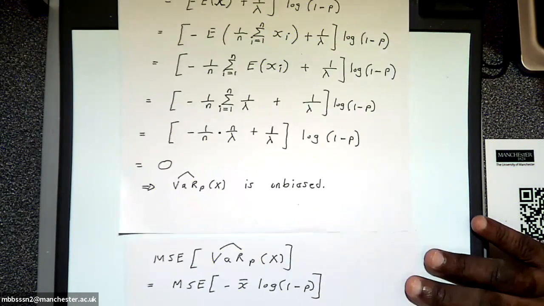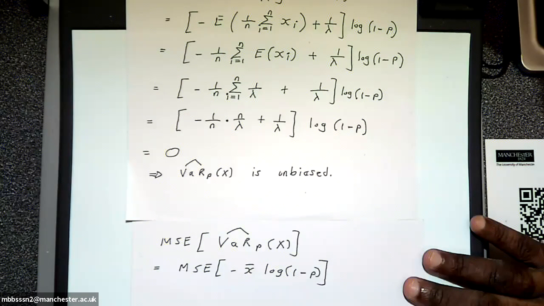You may remember from your last two years that if an estimator is unbiased, then the MSE is the same as the variance.